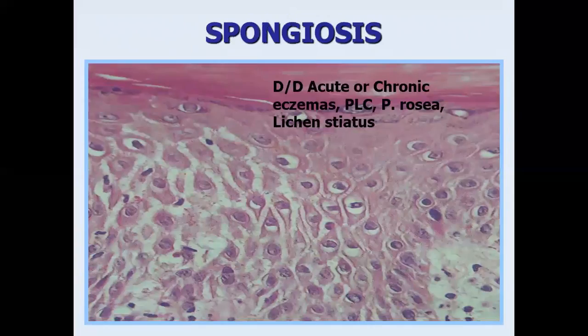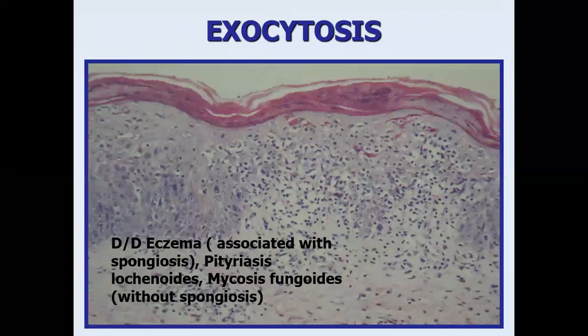Exocytosis. You see, in spongiosis, because of the intercellular edema, the spaces are created between the keratinocytes. And in these spaces, the inflammatory cells can enter into the epidermis. And the presence of inflammatory cells in the epidermis in the condition of spongiosis is called exocytosis.